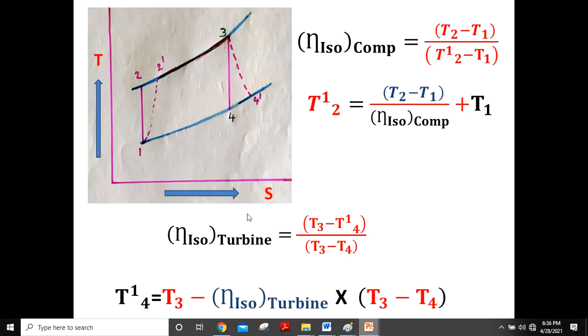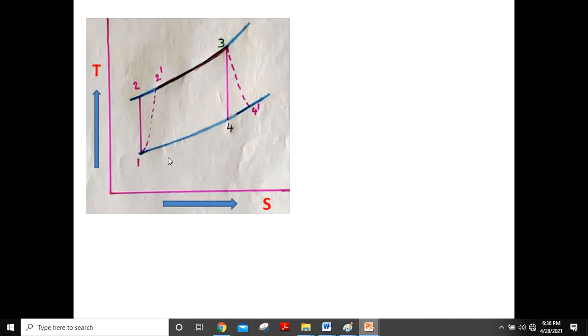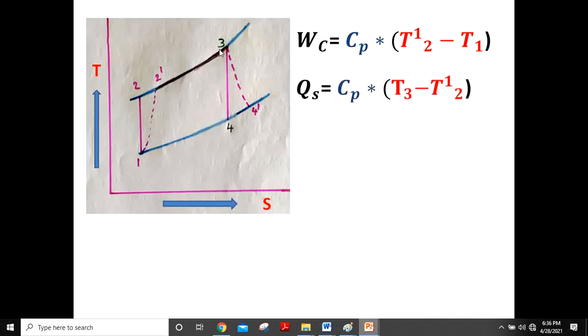Please note down all these values. Note down this sketch, the TS diagram. Compression work, the actual compression is 1 to 2 dash, T2 dash minus T1. Similarly, heat supplied is Cp into T3 minus T2 dash.